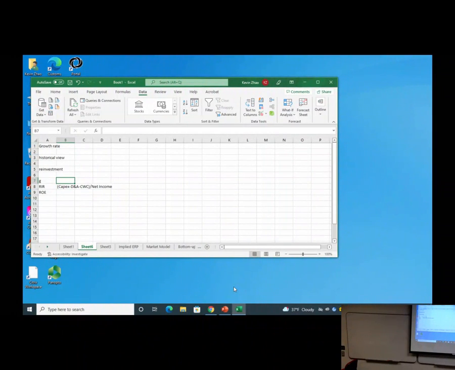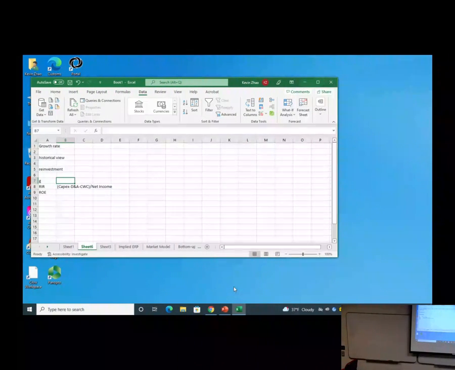And then you look at some key financial items. There are three financial statements: the balance sheet, the income statement, and the statement of cash flows. And you want to put some important numbers here, not all of them. In the income statement, what numbers do you need?